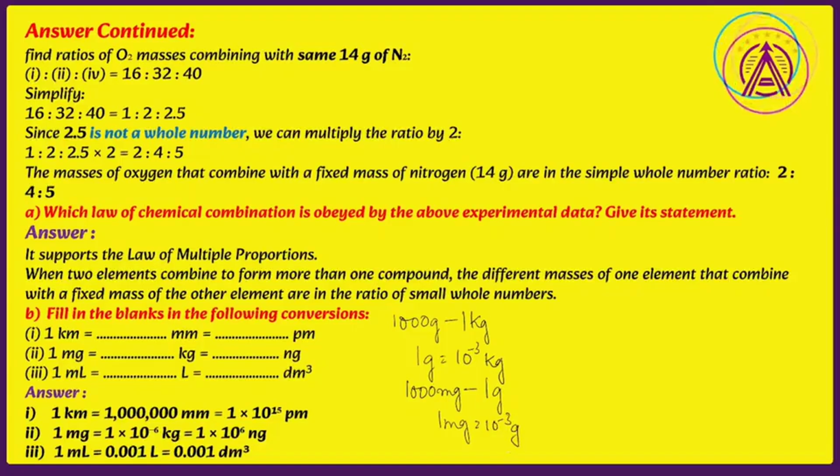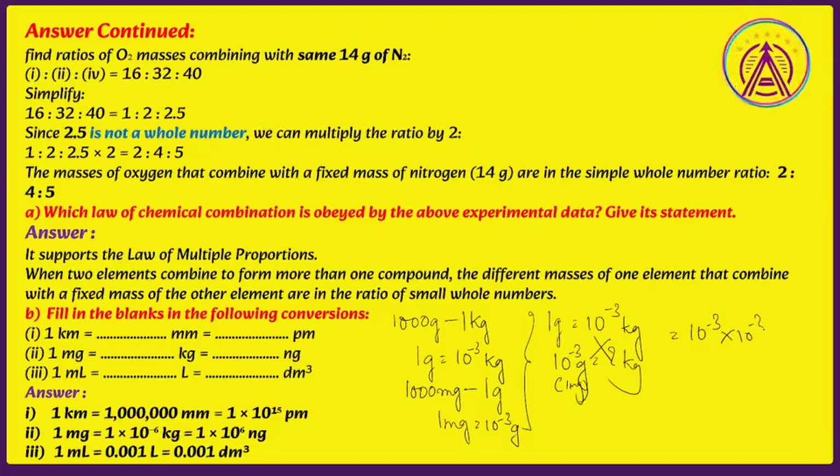Now, if 1 gram is 10 to the power minus 3 kg, then 10 to the power minus 3 grams, which is nothing but 1 mg, is how many kgs? So you get 10 to the power minus 3 into 10 to the power minus 3, which is nothing but 10 to the power minus 3 plus minus 3, which is 10 to the power minus 6.